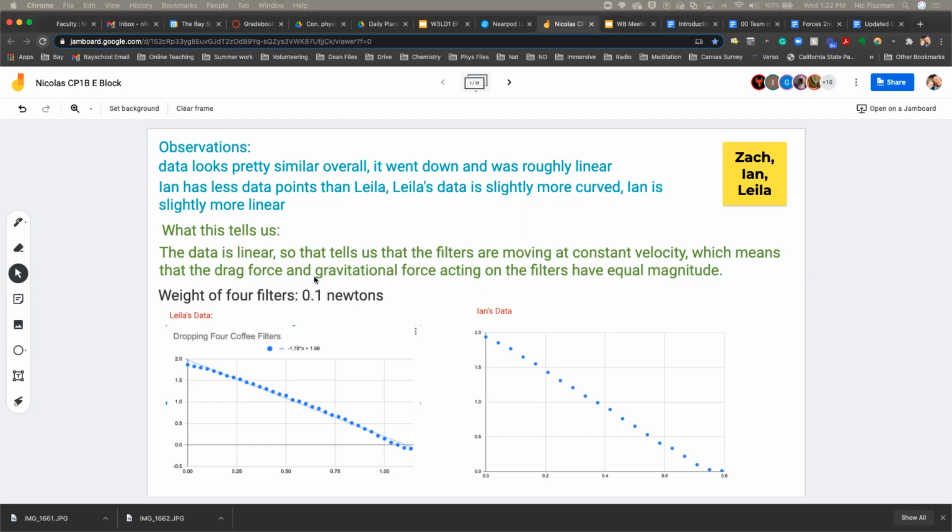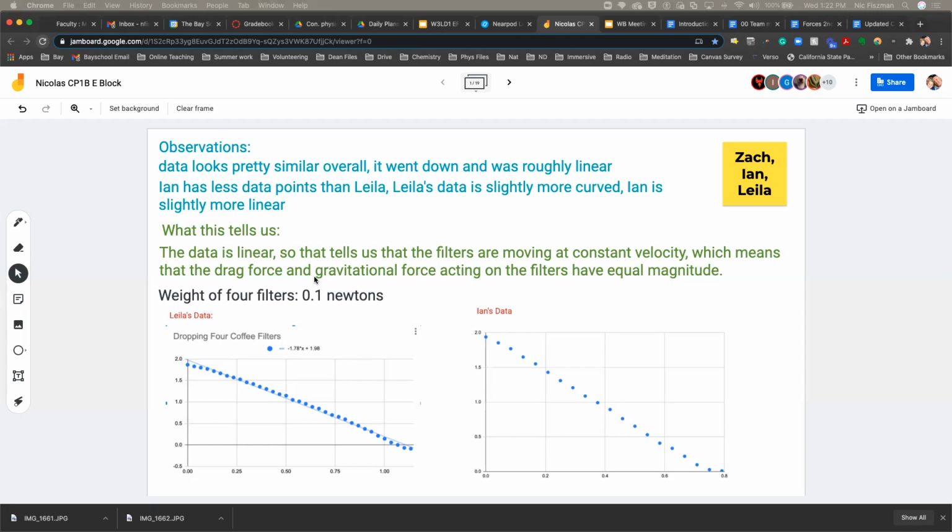We made sure to drop it from roughly the same height, just under 2 meters, I think. And it seems to fall pretty linearly, because you can see on the graph. But I have more dots than Ian, so that might be why his data looks slightly more linear than mine does, but overall it's pretty straight.